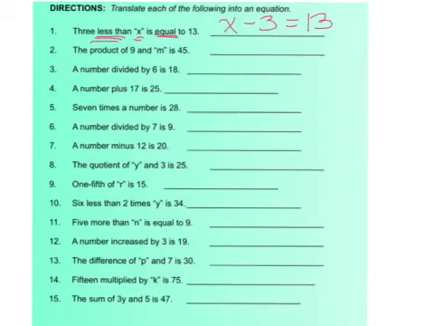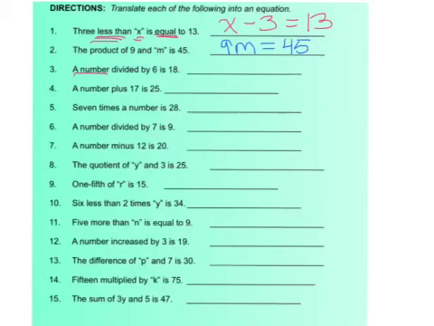The product, that keyword means multiplication, of 9 and m. So 9m is, which means equal to 45. A number, which we don't know, so that's going to be our variable, divided by 6 is 18.